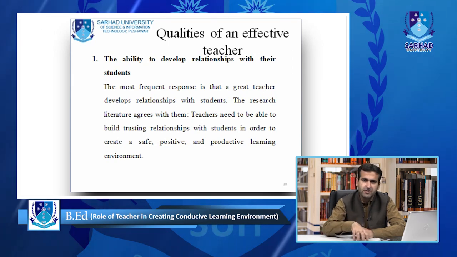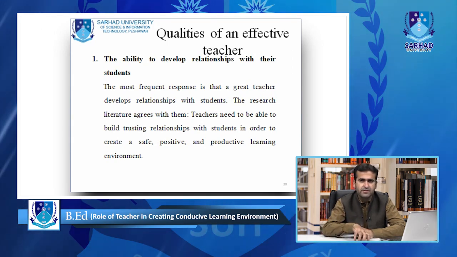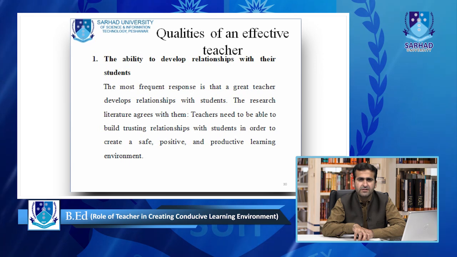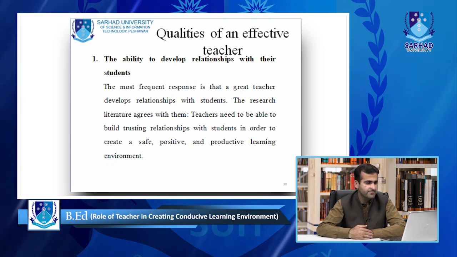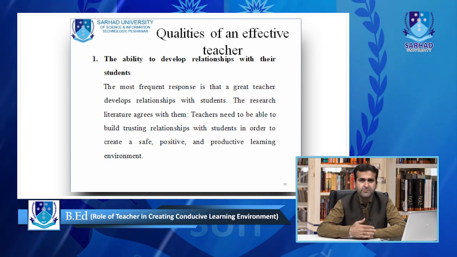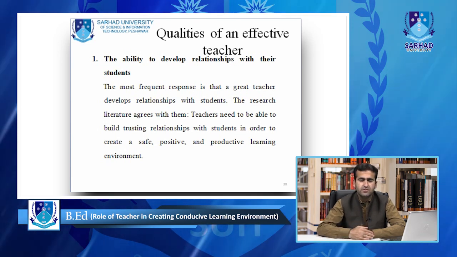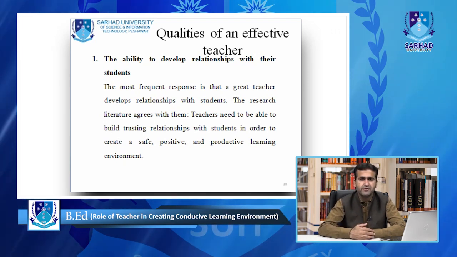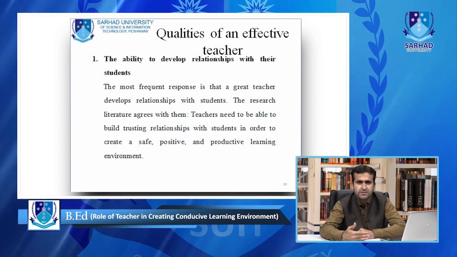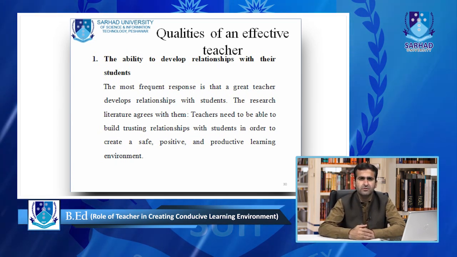So, the provision of this environment is possible only if the teacher provides an environment which is professional, which is free from biases. In this particular environment, the teacher needs to respect the ideas of the student. The teacher needs to respect the future goals and objectives of the students. The teacher needs to respect the mental level of the student.